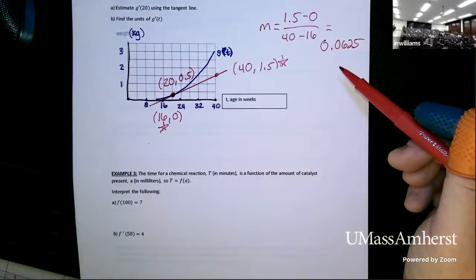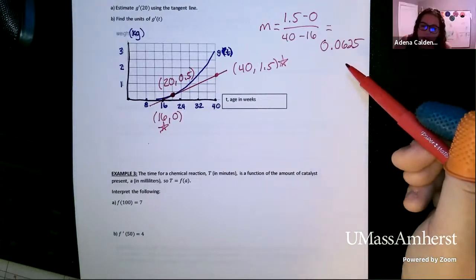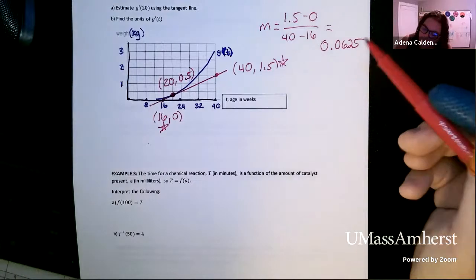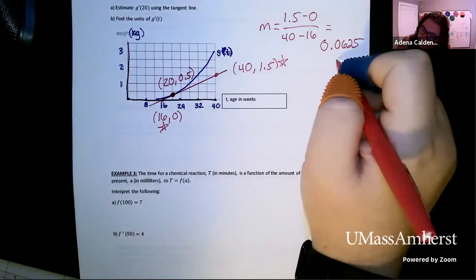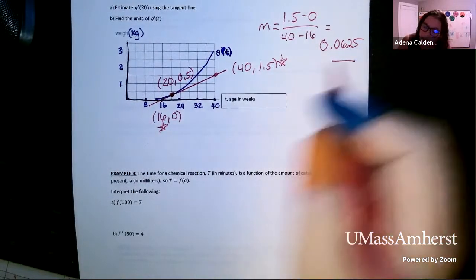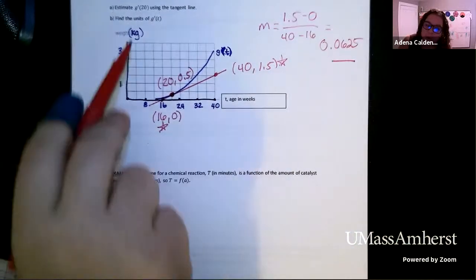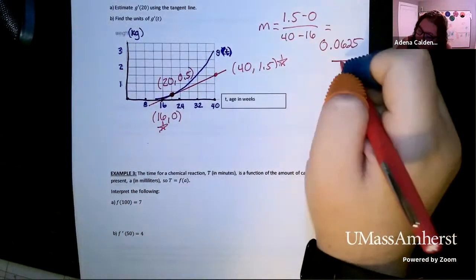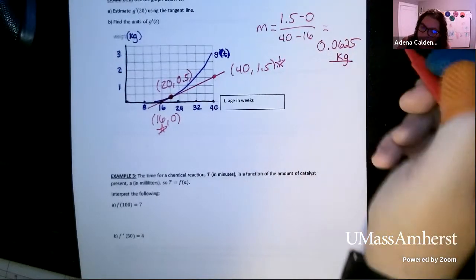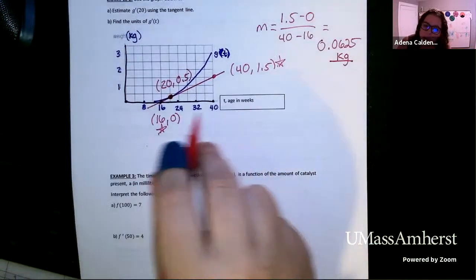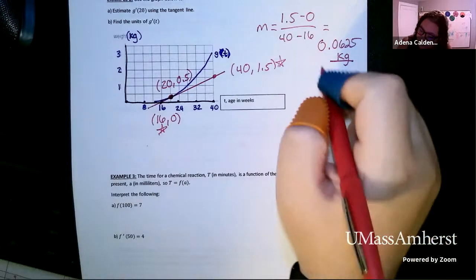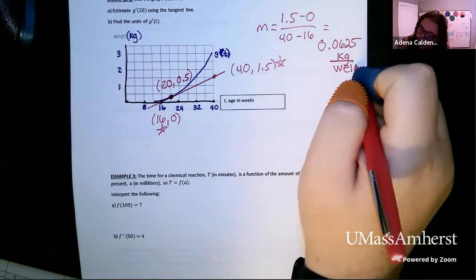But we also still need to talk about the units here because there are units given. So here, again, we're going to do dependent units over independent units. The dependent variable goes on the vertical axis. So that's kilograms. And then the independent units go on the independent axis, which is horizontal. So kilograms per week.